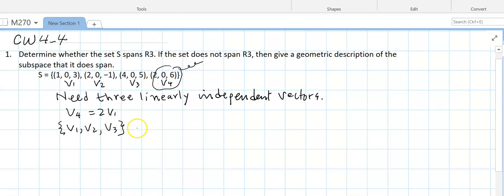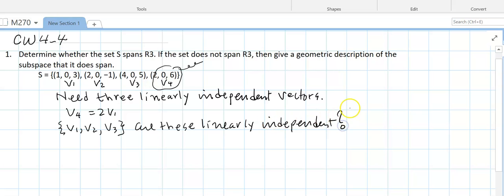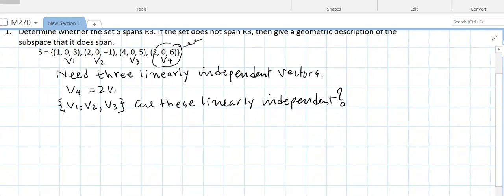So are these linearly independent? That is the question. Okay. So to check whether they are linearly independent, I do C1 V1 plus C2 V2 plus C3 V3 equal to 0.